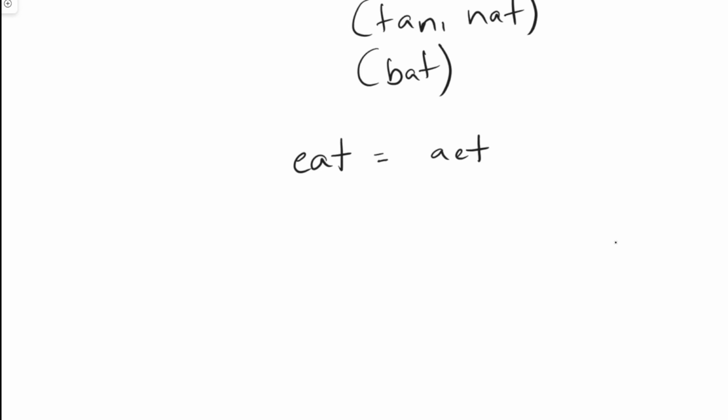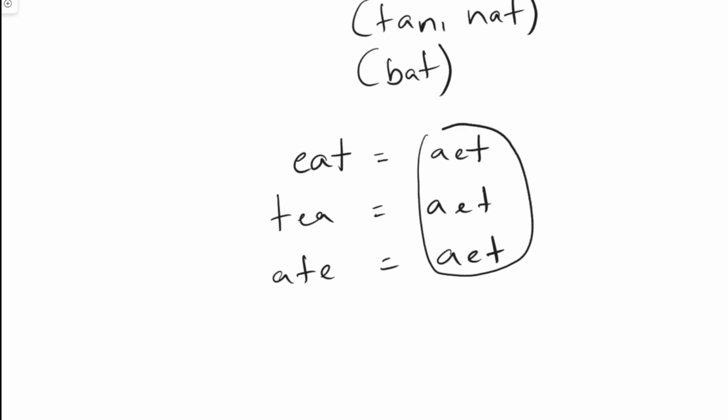And when we sort tea, we'll get the same A E T, and same with ate, we also get A E T. We recognize that all anagrams, when sorted into alphabetical order, will give the same arrangement of letters. So we can use that to our advantage.